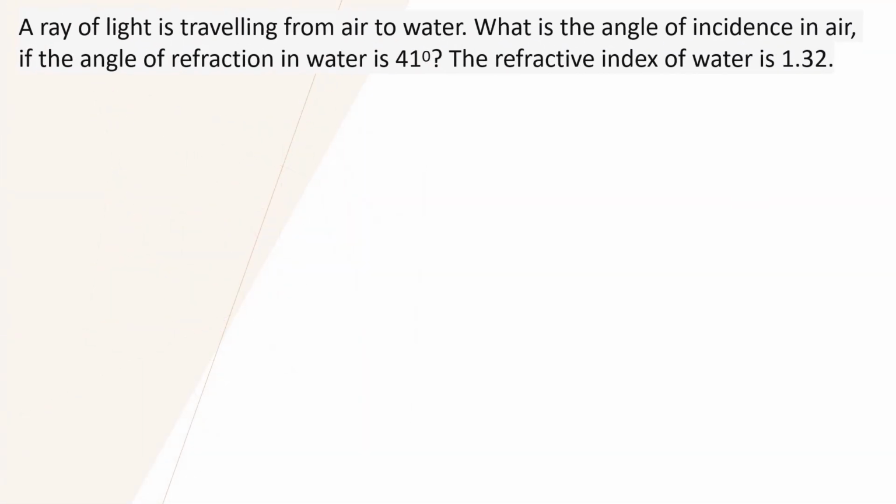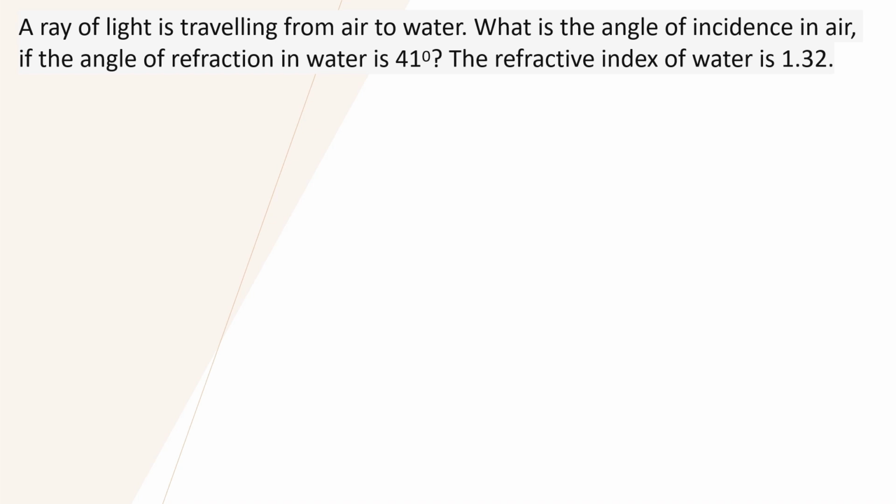The question says, a ray of light is traveling from air to water. What is the angle of incidence in air if the angle of refraction in water is 41 degrees? The refractive index of water is 1.32. So let us write the givens first.